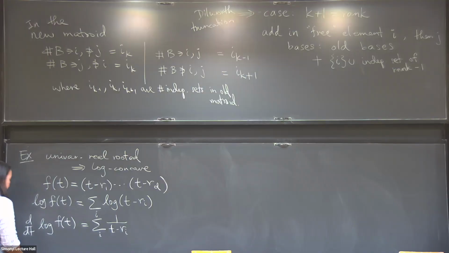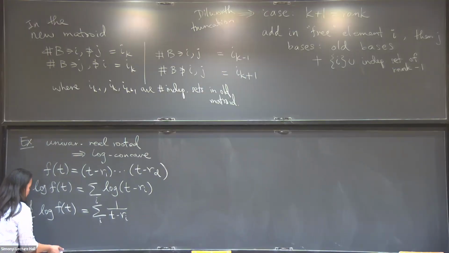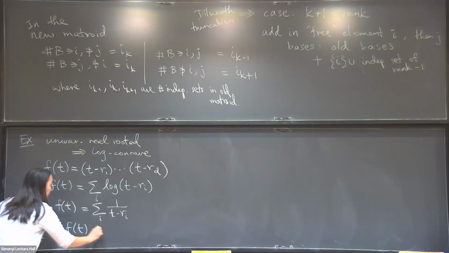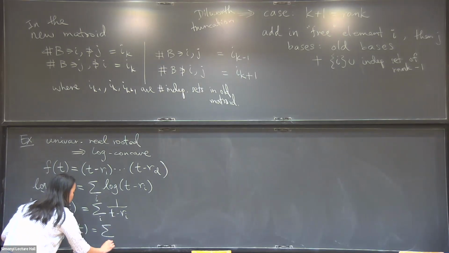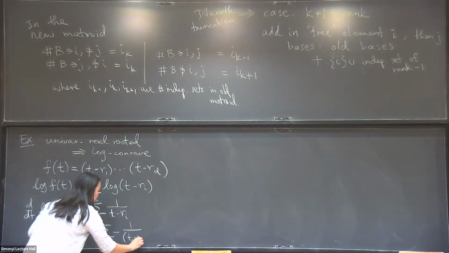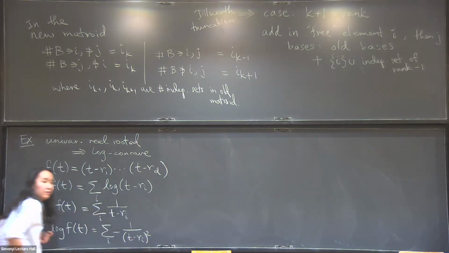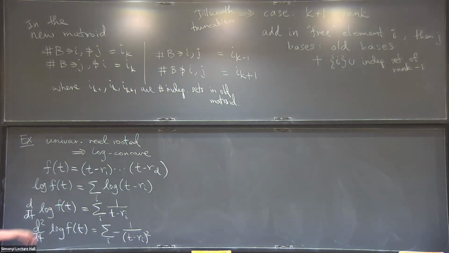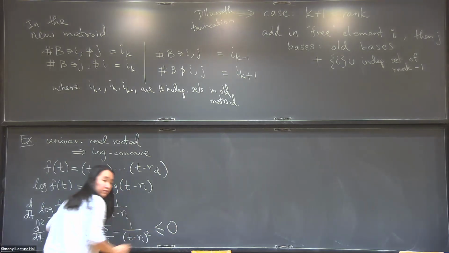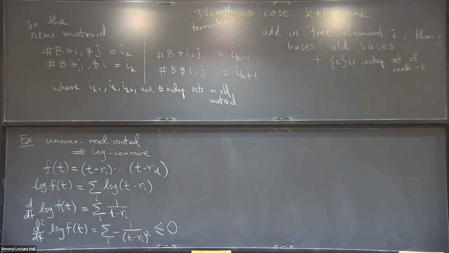And then if you take the second derivative, you get negative 1 over (t minus r_i) squared. So this is always non-positive, the second derivative is non-positive.